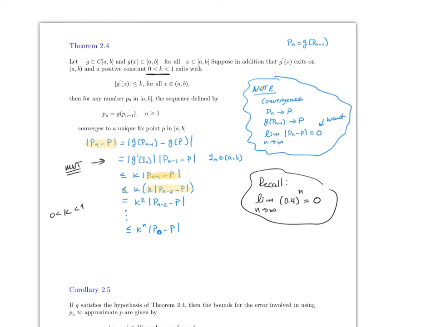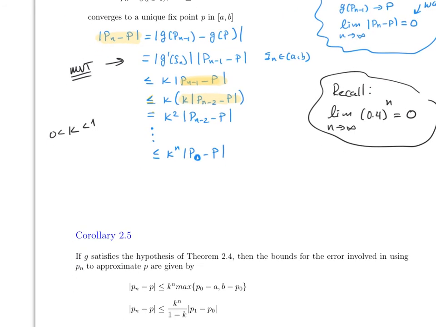So therefore, from here, the limit as n goes to infinity of the absolute value of Pn minus P is less than or equal to the limit as n goes to infinity of K to the n times P0 minus P. But based on this, this part is going to be 0.